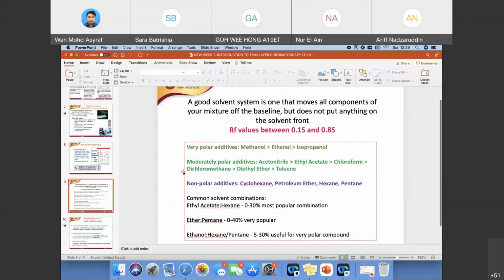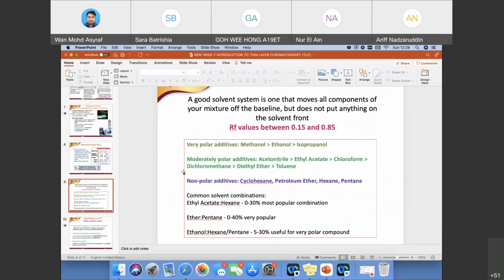A good solvent system is one that moves all the components up. The solvent system, the mobile phase, moves all the components of your mixture off the baseline, the line that you created before, but does not put anything on the solvent front. Usually a good Rf value is between about 0.15 and 0.85.